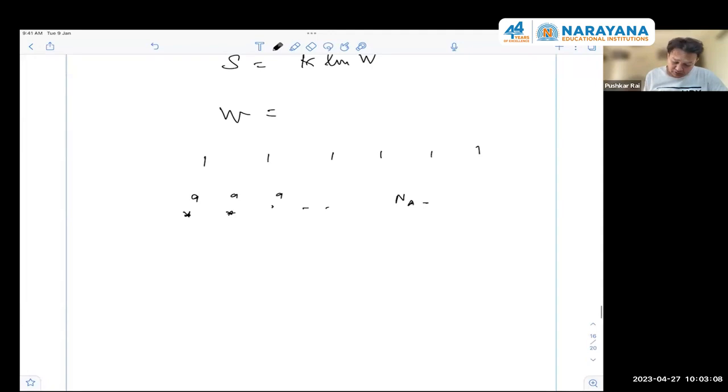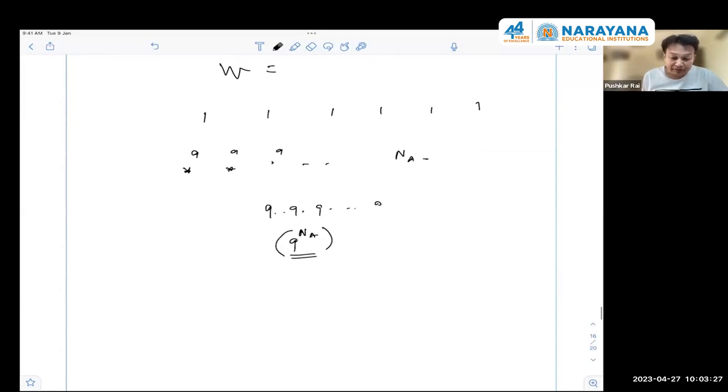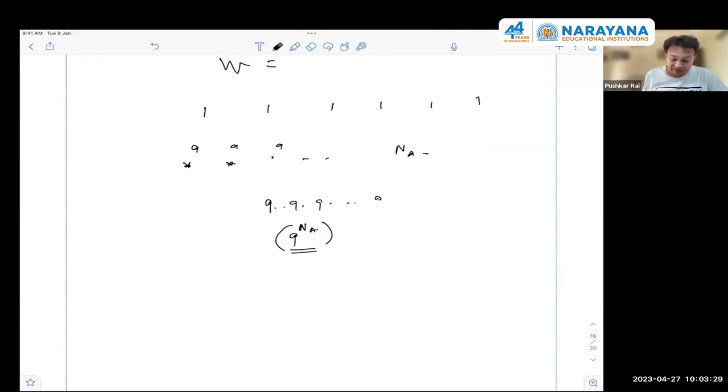Total number of options is 9 times 9 times 9 times, what? Na times. So you have 9 raised to the power Na options. My goodness, such a big number. That's W, the weight of the configuration, we call it.